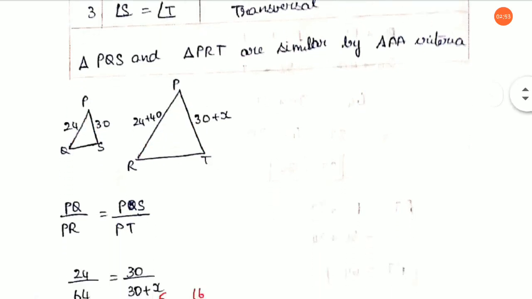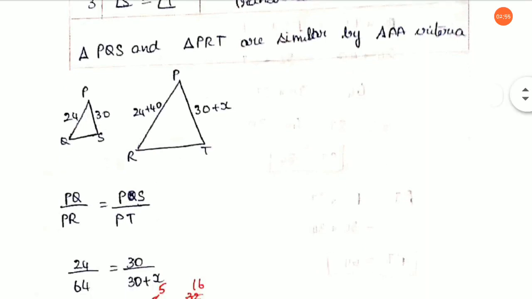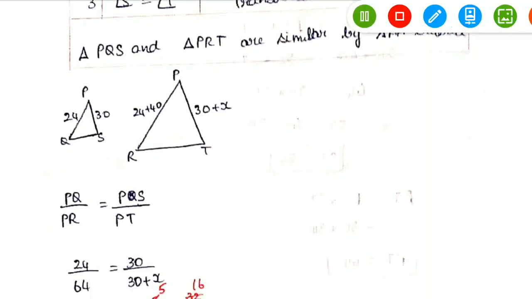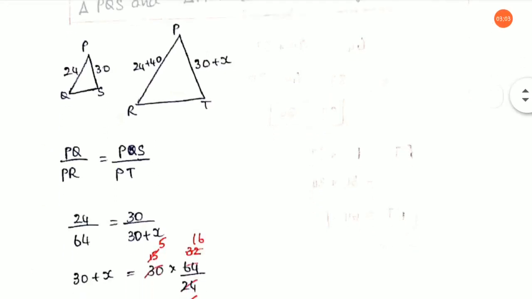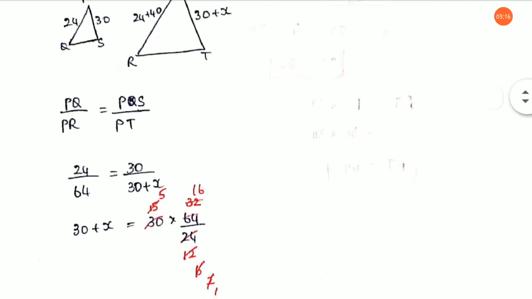Now PQ divided by PR is 24 divided by 24 plus 40, which is 64, and then it is equal to PS divided by PT. The value of PS is 30, and the PT value is 30 plus X.